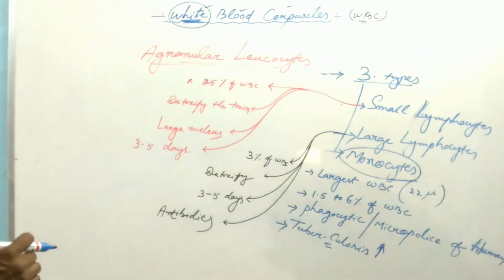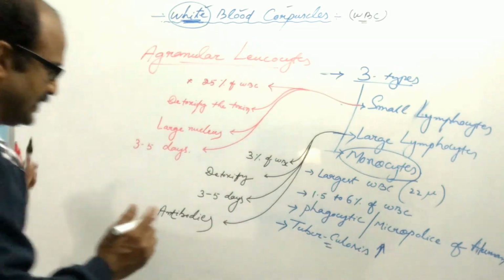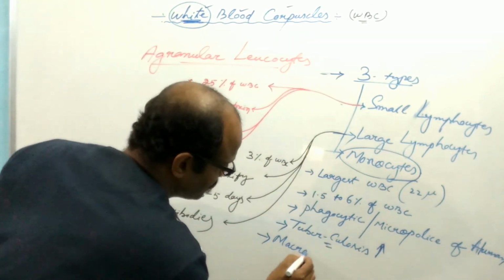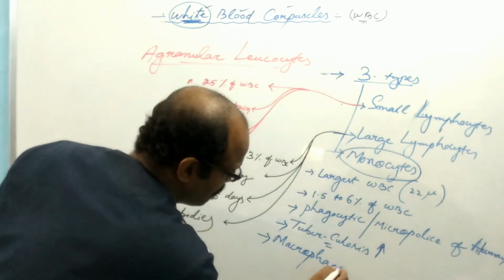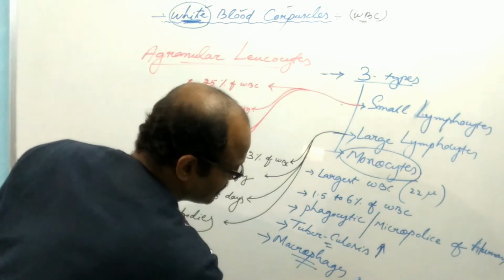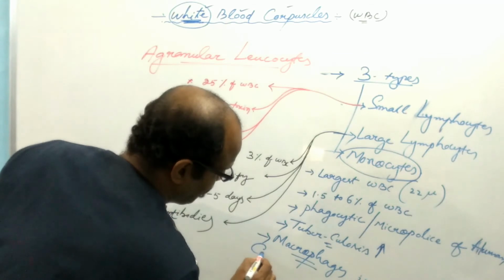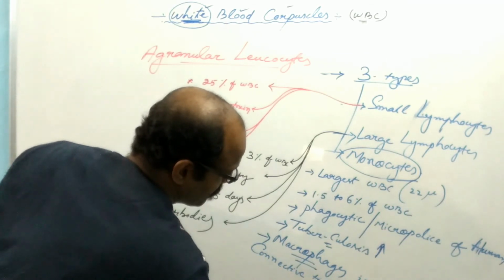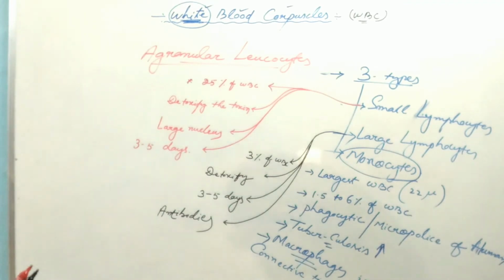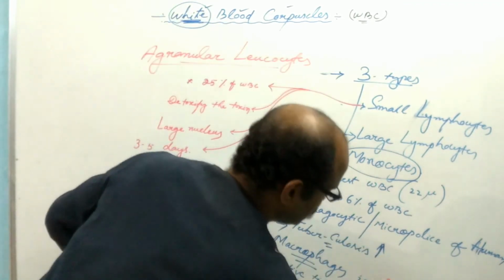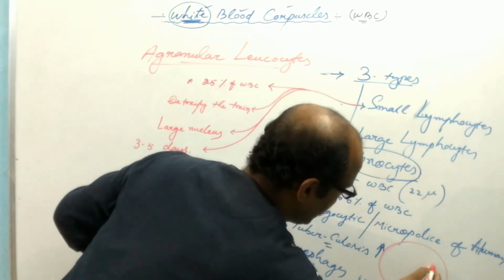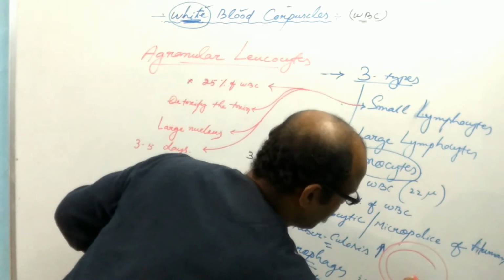And it represents the macrophages in connective tissue. Here also it has a large, horseshoe-shaped nucleus.